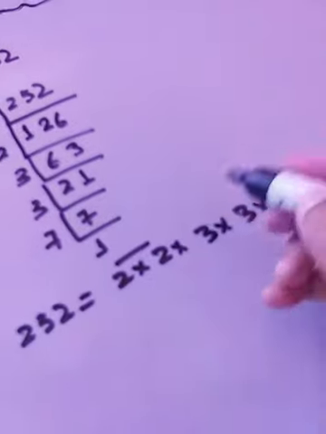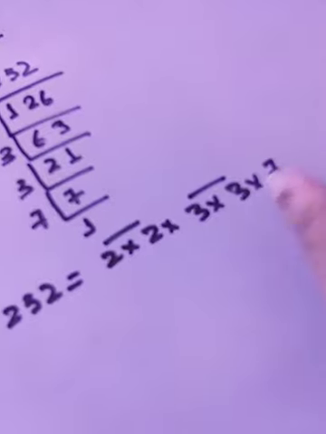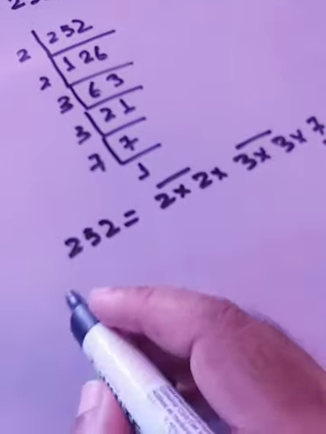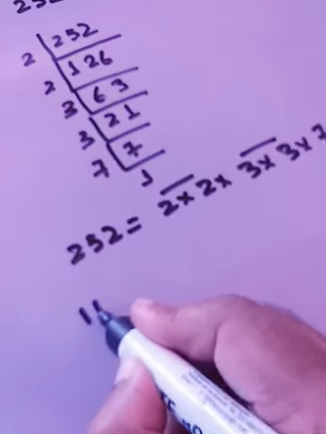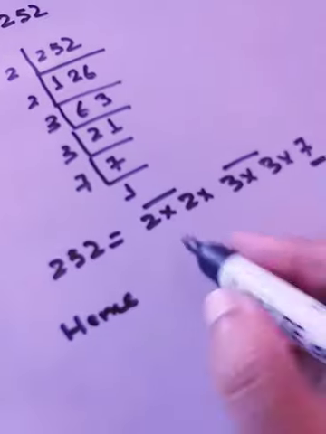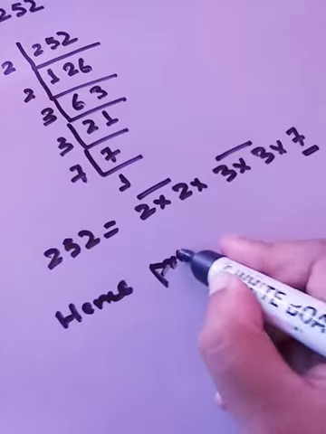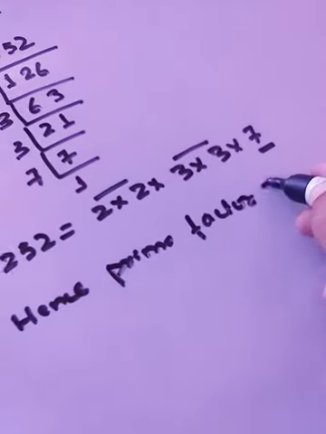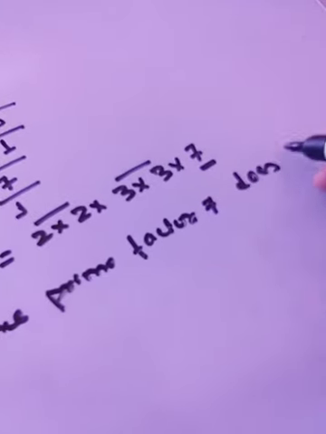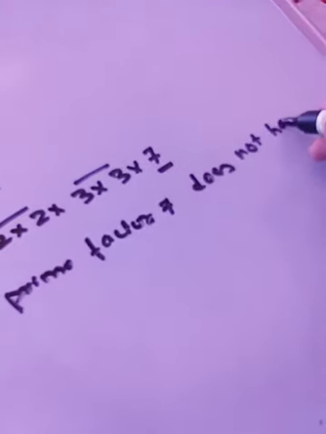This 2 is in a pair, 3 is in a pair, but 7 is not in a pair. So how to write it down? This is very important. Hence prime factor 7 does not have a pair.